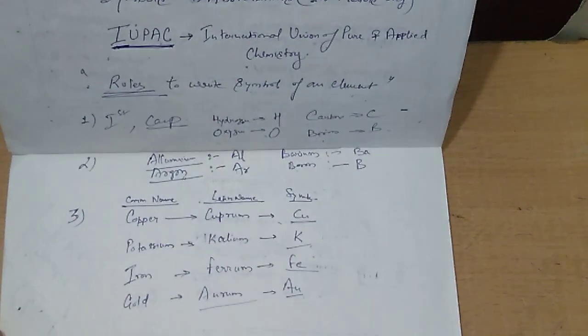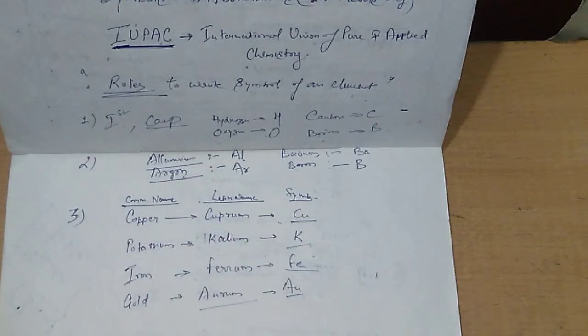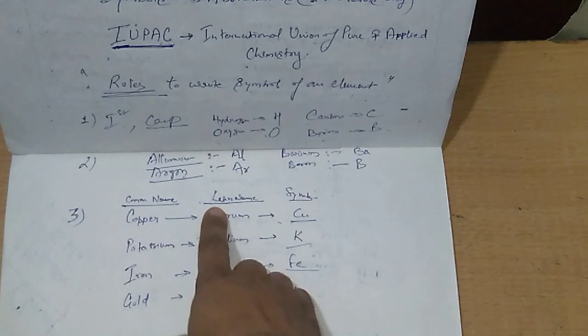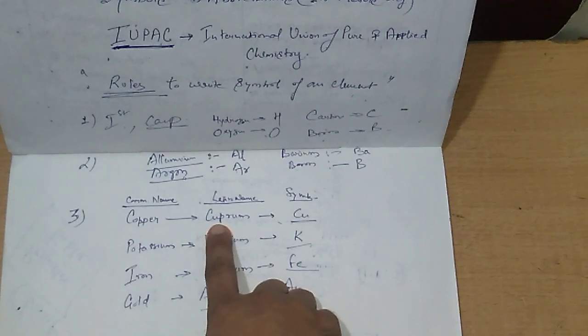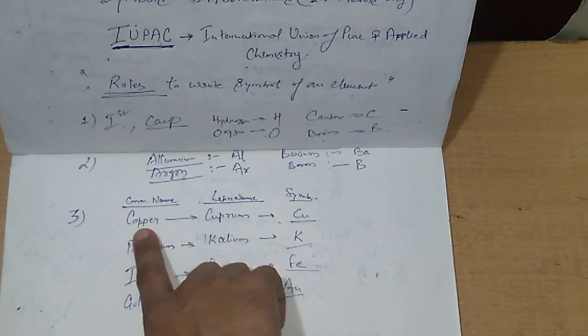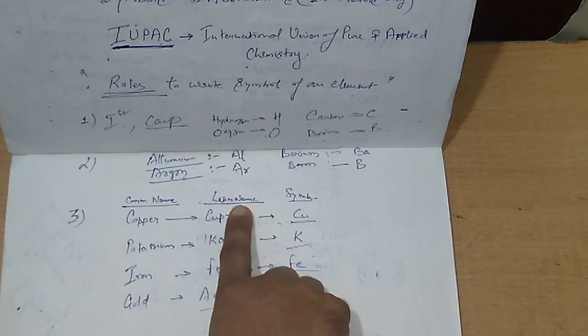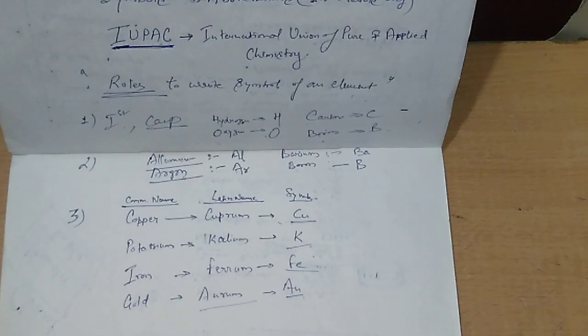And the third law is, there are a few elements which have got their names from their Latin names. Clear? Like copper has got its common name from its Latin name cuprum. So we have taken Cu, not Co. Copper is the English word or common name, so we have not considered Co as the symbol of copper. We have taken the first two letters of its Latin name as its symbol.